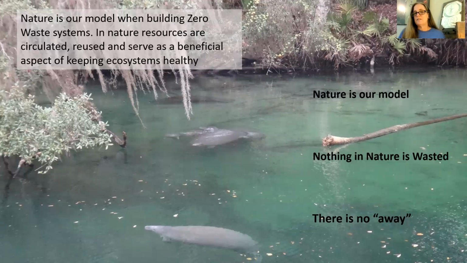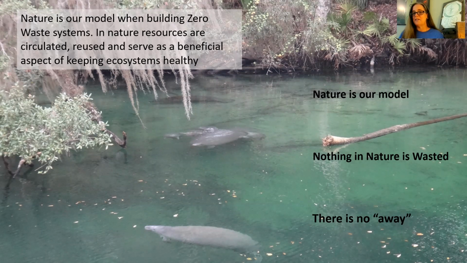So nature is our model when we build zero waste systems, because in nature, all of the resources and nutrients and energy is just cycled through the system. It's continuously used over and over while the ecosystems thrive. They consume, they reproduce, they live in their ecosystem, and this is just how it happens naturally. So nature is our model when we want to build zero waste systems.